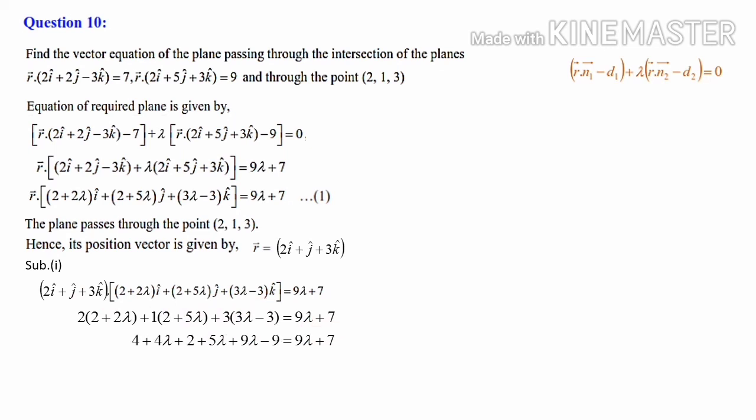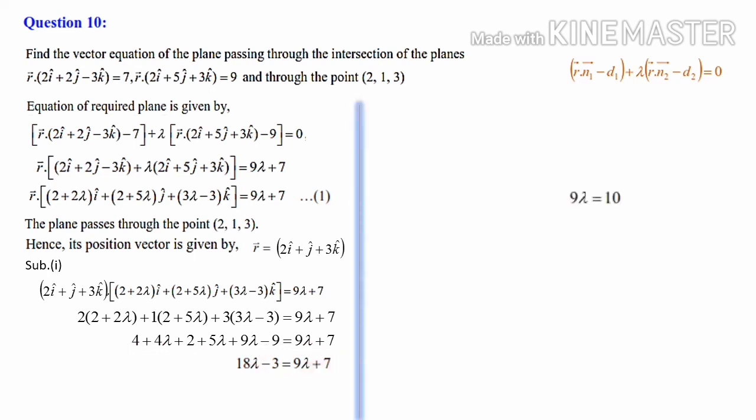That is 2 into 2 is 4, then 2 into 2 lambda is 4 lambda, 1 into 2 is 2, 1 into 5 lambda is 5 lambda, 3 into 3 lambda is 9 lambda, and 3 into minus 3 is minus 9, equal to 9 lambda + 7. Here 4 lambda + 5 lambda + 9 lambda is 18 lambda. 4 + 2 is 6, 6 - 9 is minus 3, equal to 9 lambda + 7.